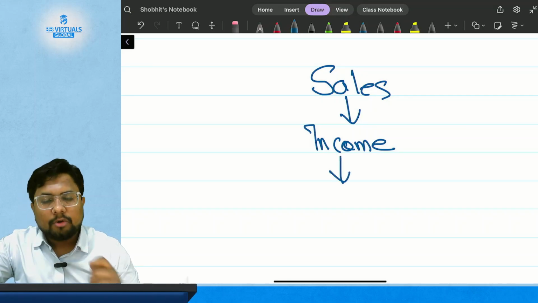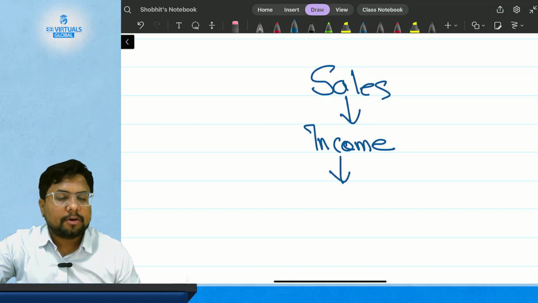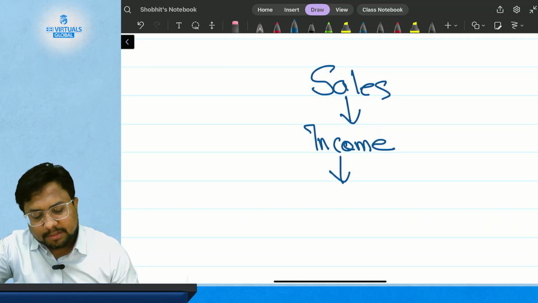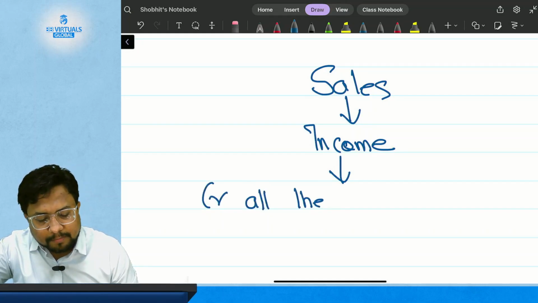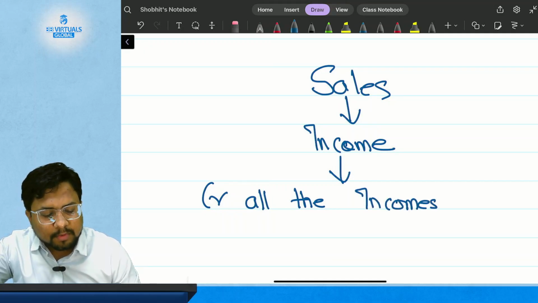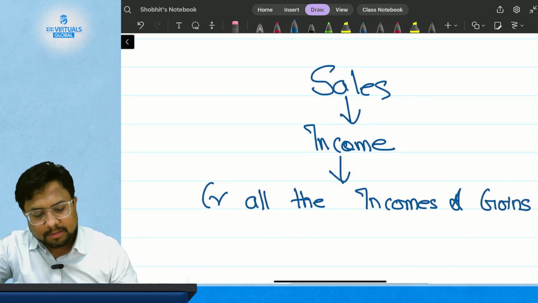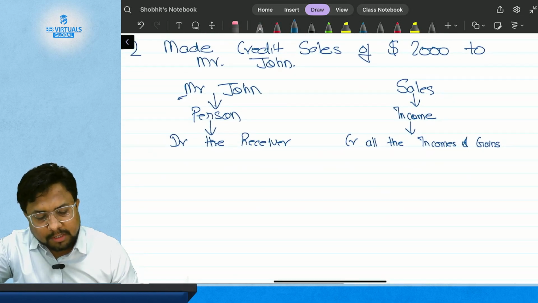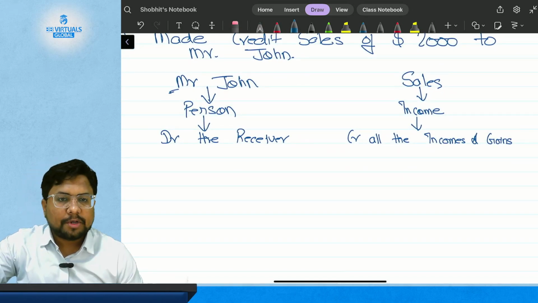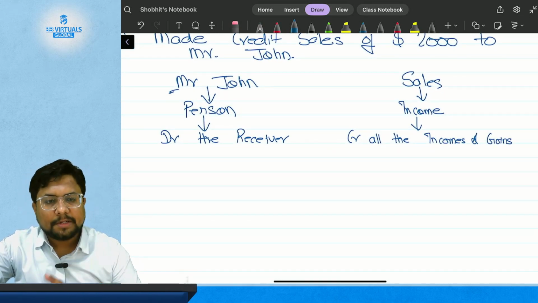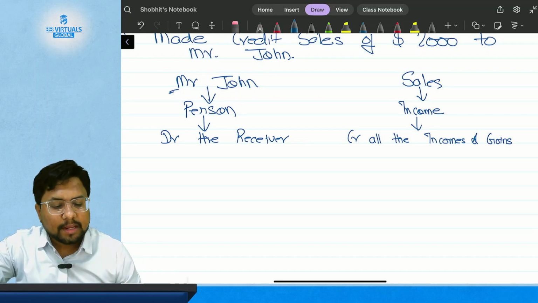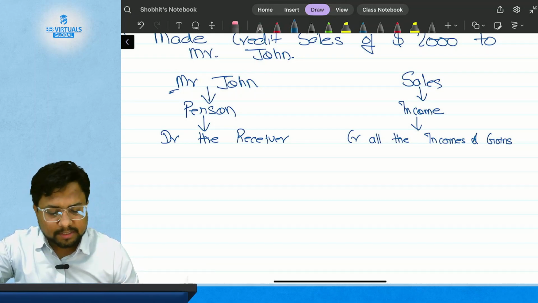The nominal account rule deals with income, that is credit all the income and gains. So rule is saying credit all the incomes and gains. So what are the rules that apply to my two elements? That is first debit the receiver and second credit the income and gain, that is the sale.